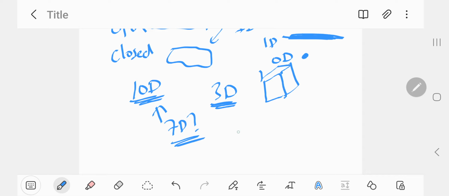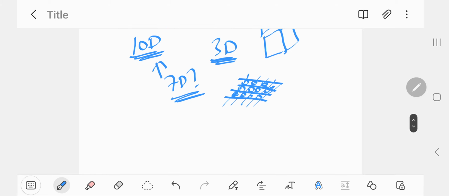It's believed that they're actually curled up, so small that you can't see them. If you had a super powerful microscope, you might be able to see them. They're curled up like so, with different geometries. I can't really draw it here because it's very complicated. They take the shape of what are called Calabi-Yau manifolds.